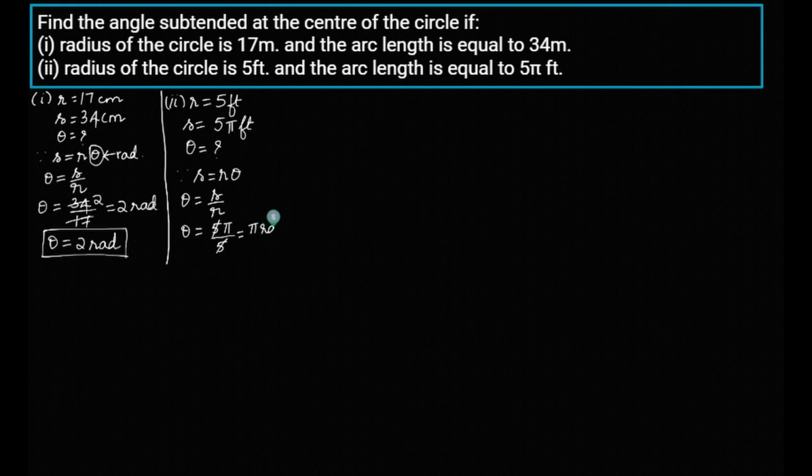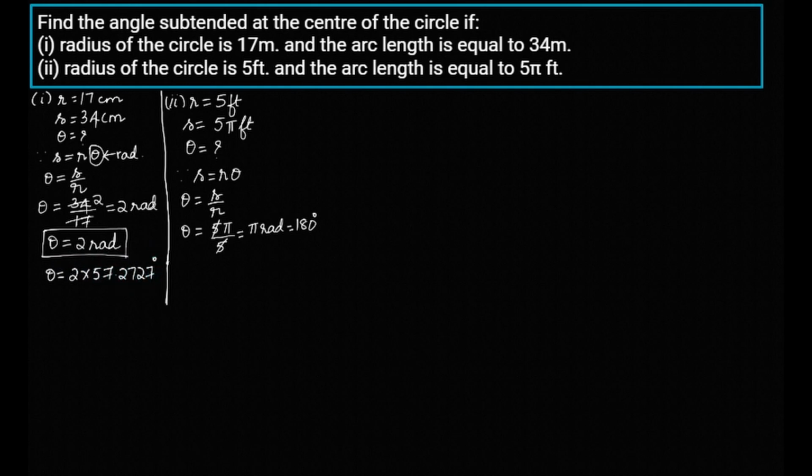In terms of degrees, it is equal to 180 degrees. Here we can convert radians into degrees by multiplying by the approximate value of one radian. That is, theta is equal to 2 into 57.2727 degrees. The value of 1 radian is 57.2727 degrees.